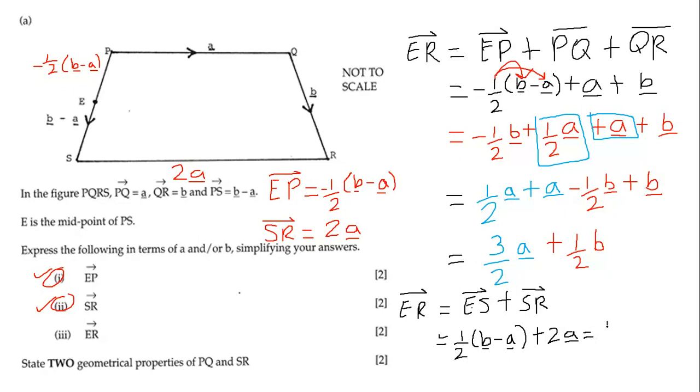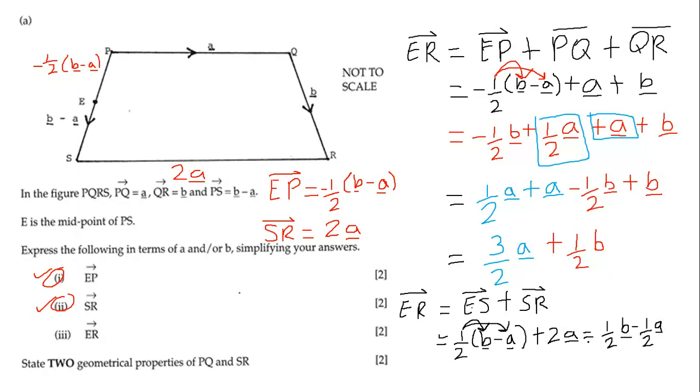And so we are left with a half B, because we're multiplying the half by the B, and then a half times negative A, and that's going to be negative a half A. Don't forget the bar.